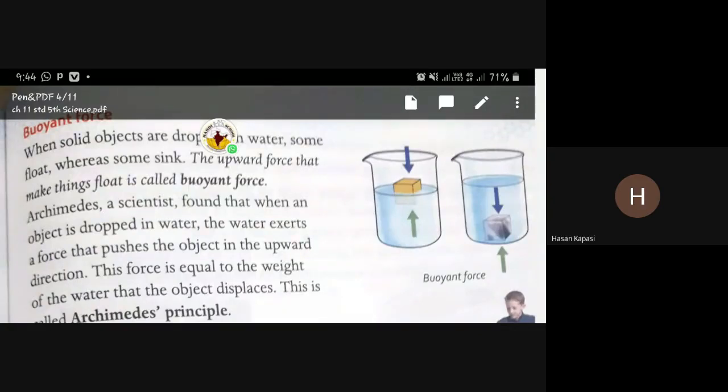When the object is heavy and the water force is less, then the object will sink because of the less force. So this is called buoyant force. It is also known as Archimedes principle, because a scientist named Archimedes found this force.